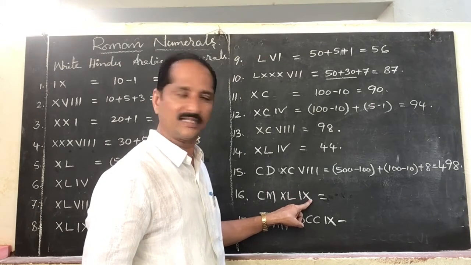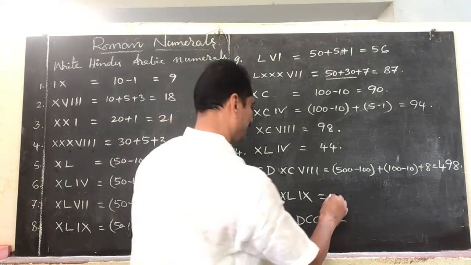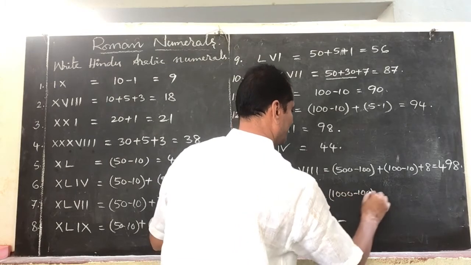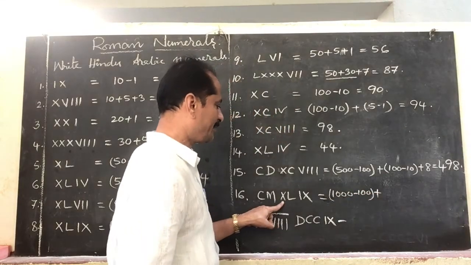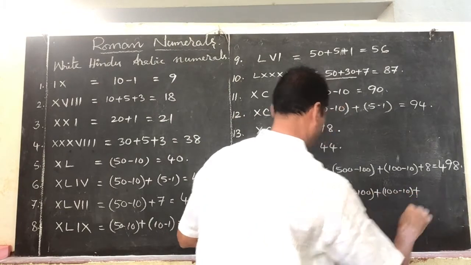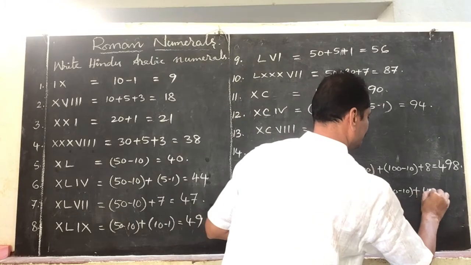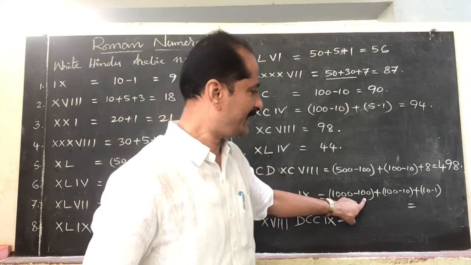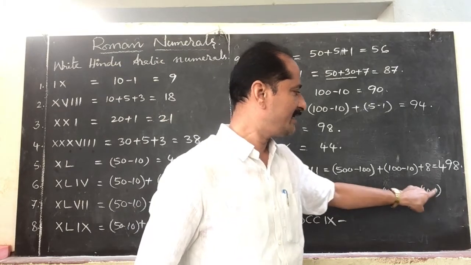That is to be subtracted. 10 minus 1. So 1000 minus 100 plus 100 minus 10 plus 10 minus 1. That is equal to 999.